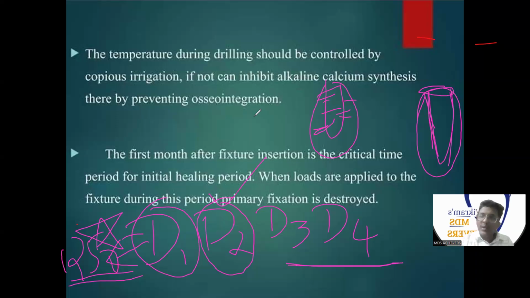See, why do we use water in the aerator? Because when we erode or cut the tooth with the help of the aerator, a lot of frictional heat is generated. That heat is counterbalanced or nullified with the help of water in the aerator.